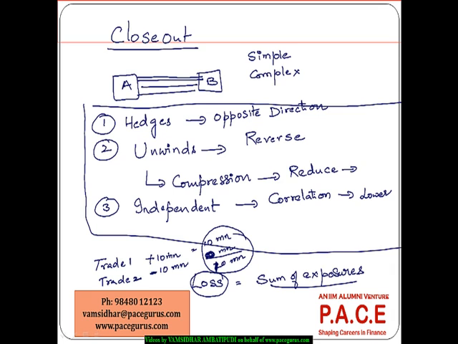So these two are not netted here, but all the positive exposures are simply considered and added, and that is the loss that can occur if the counterparty defaults. So what we are simply saying is if the counterparty is defaulting, the loss that is occurring is due to the settlement of the trade.